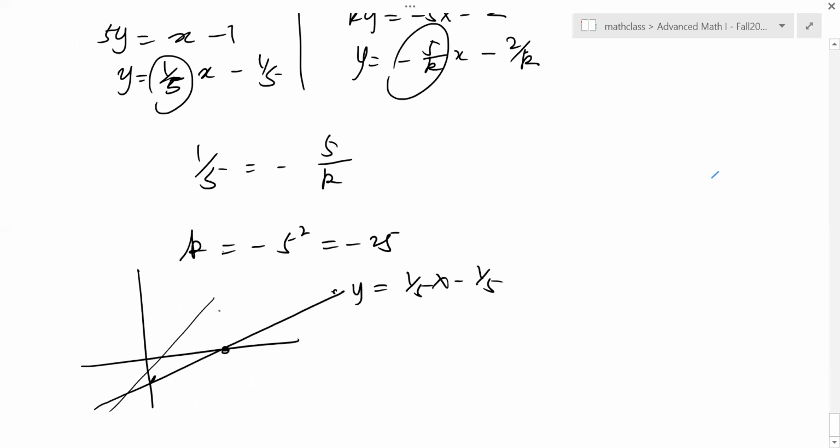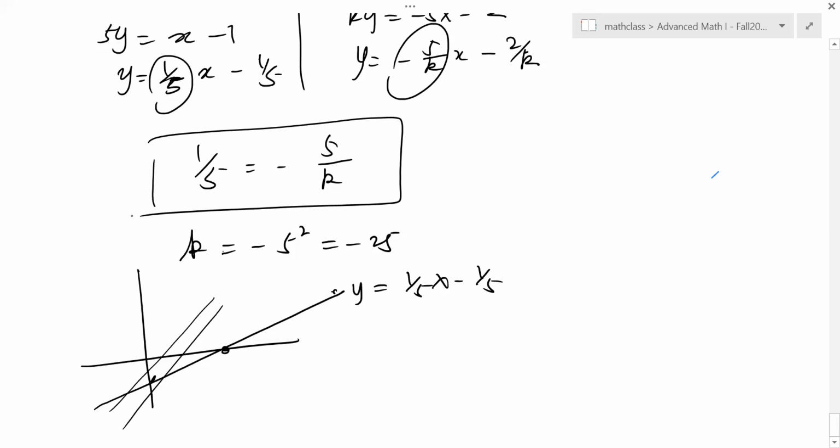But when you adjust the value of k so that -5 over k becomes 1/5, then you get two parallel lines, as long as they have the same slope. So you need to set up another equation, and then solve for the value of k. All right, so yeah, -25 is the answer.